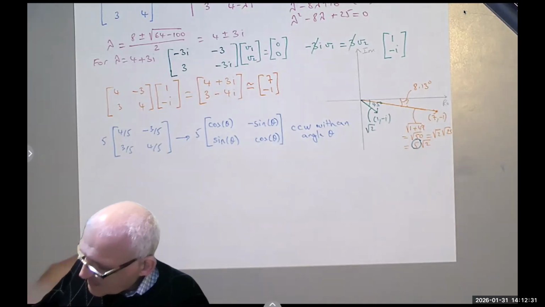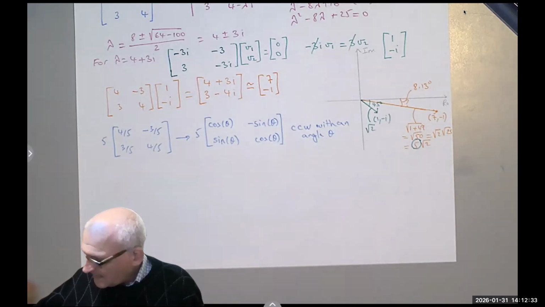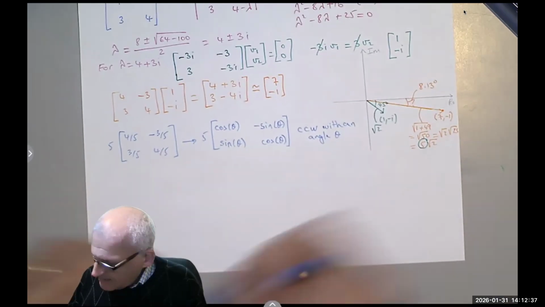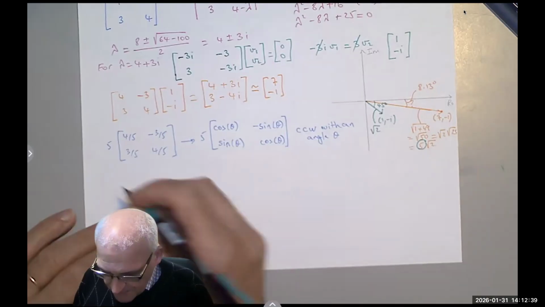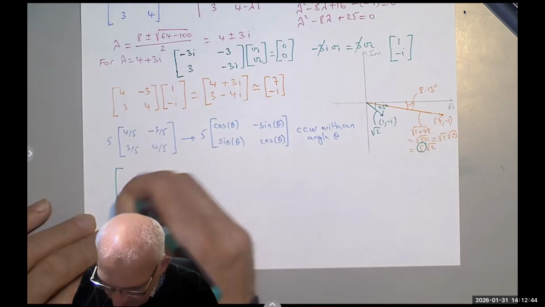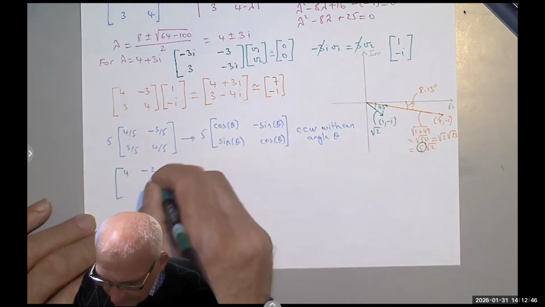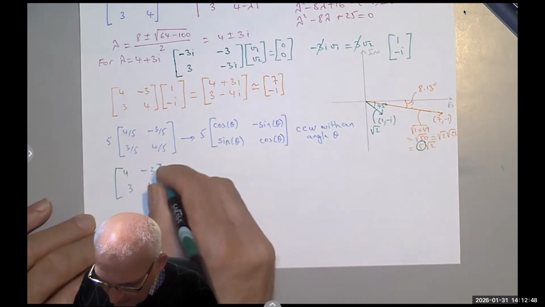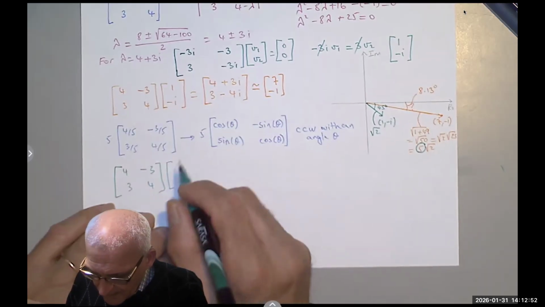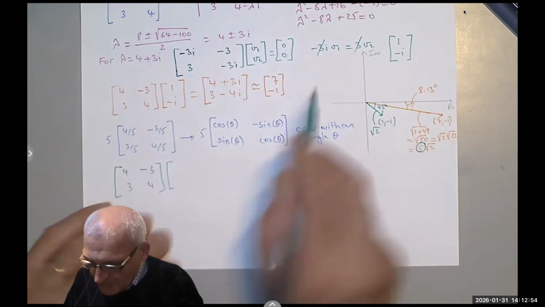Now let's go to the second eigenvalue, okay? And say, let's multiply 4, negative 3, 3, 4 by, oh, we haven't done that yet.